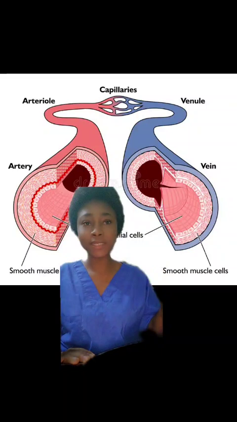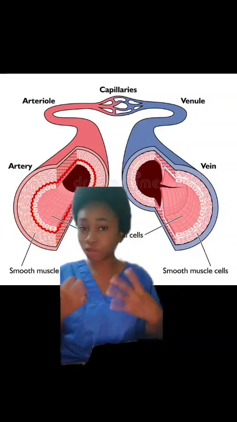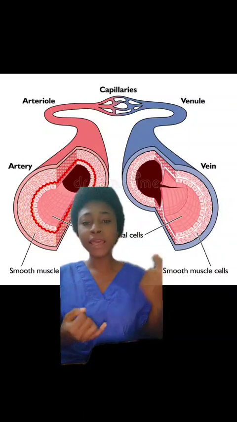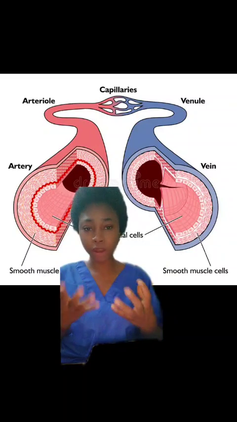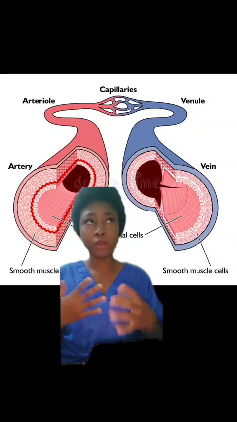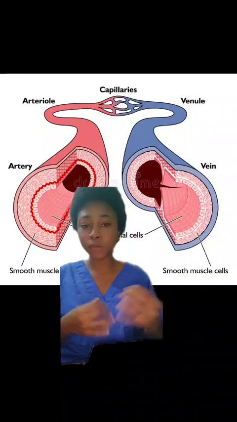Then their tunica externa is made up of more connective tissue that acts as strength. And then in some large veins, they have what they call valves, and a valve is made up of tunica intima, strengthened by connective tissue.